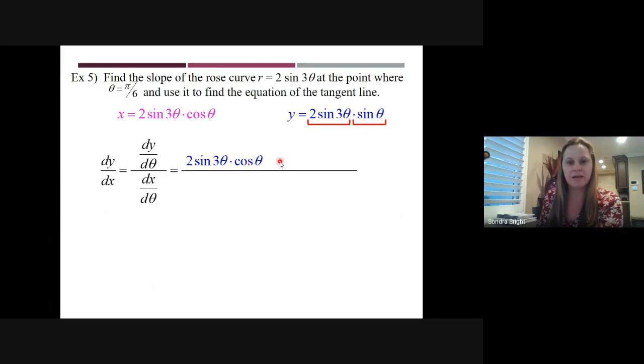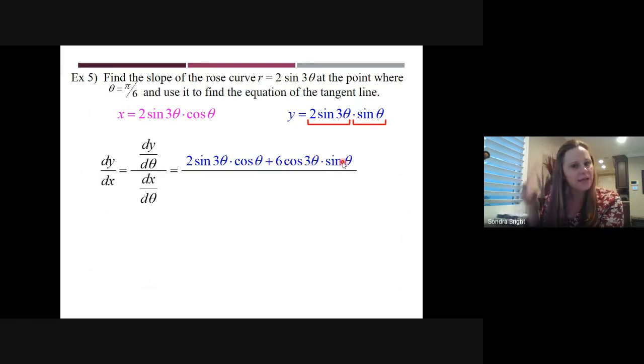And then remember, plus, we take the derivative of the first and just times the second guy. The 2 is just a constant. The derivative of sine of 3 theta would be cosine of 3 theta, but then chain rule says you've got a 3 theta there, so multiply by 3. So that becomes plus 6 times cosine of 3 theta, and then times sine of theta.